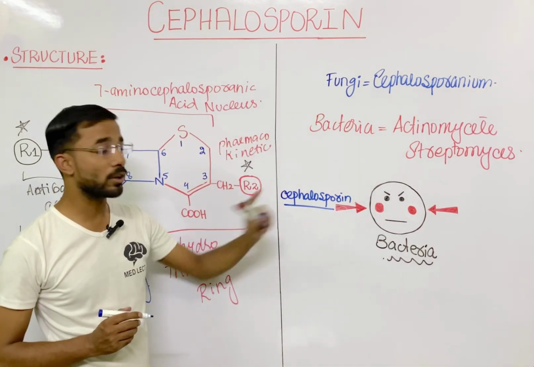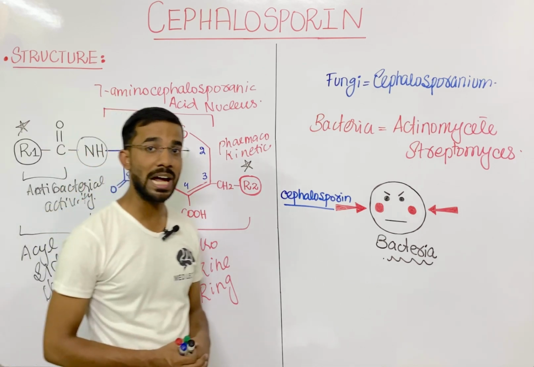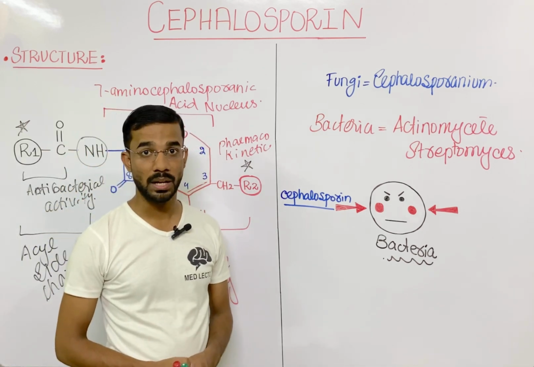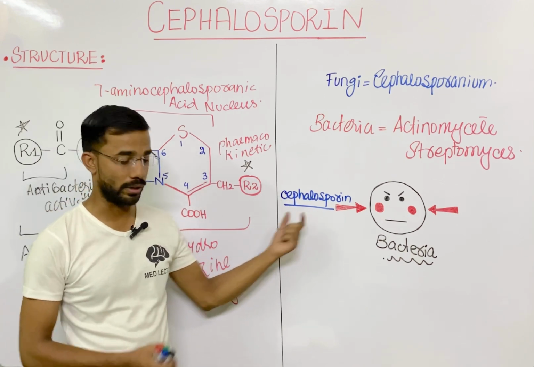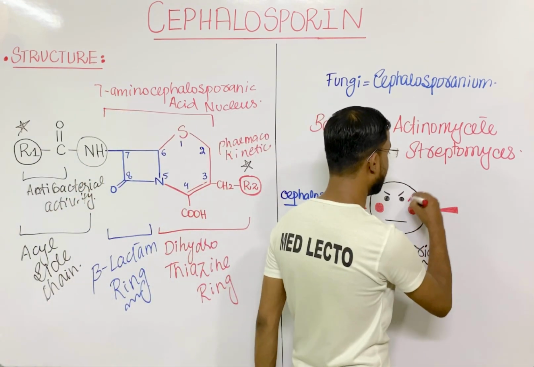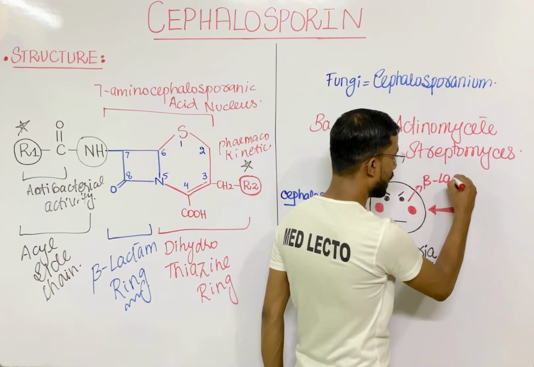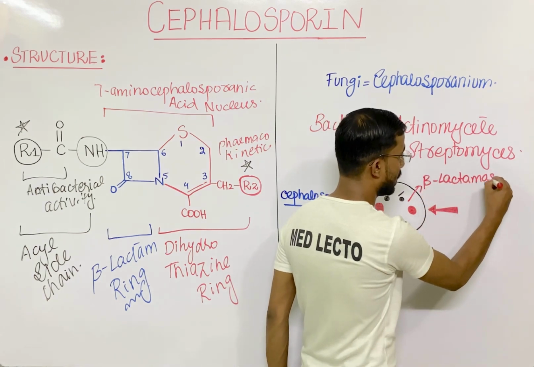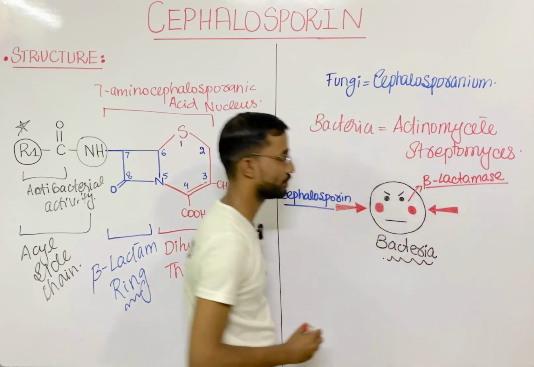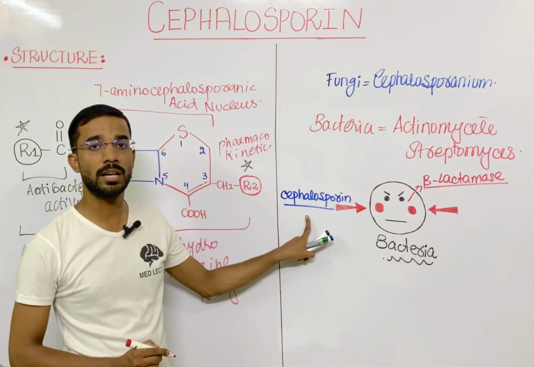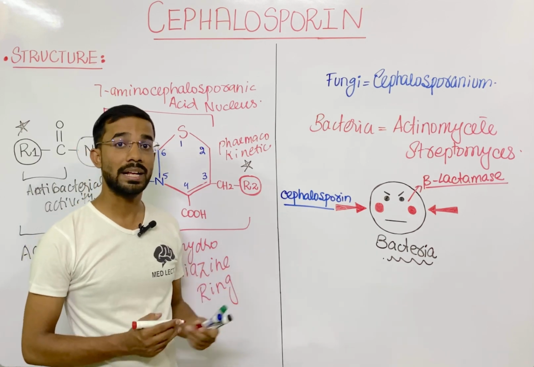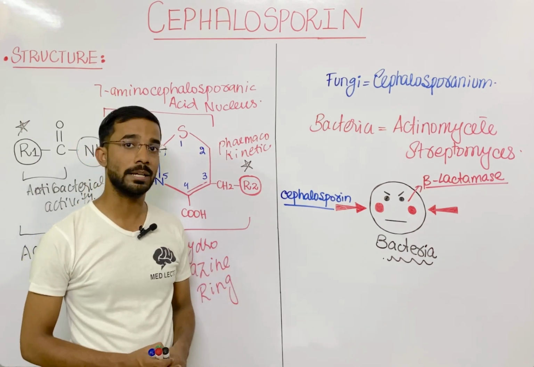But the important thing is that with the passage of time, bacteria develop an enzyme that destroys the incoming cephalosporin, and that enzyme is called beta-lactamase. That enzyme destroys the incoming cephalosporin and the bacteria become resistant to the antibiotic.